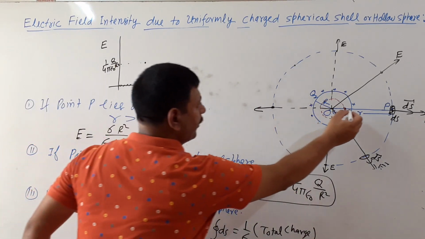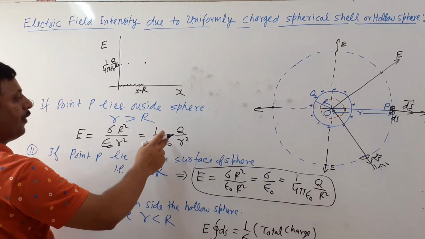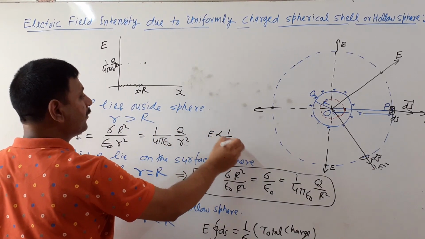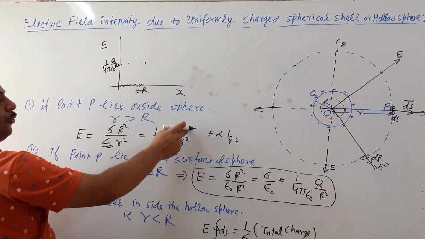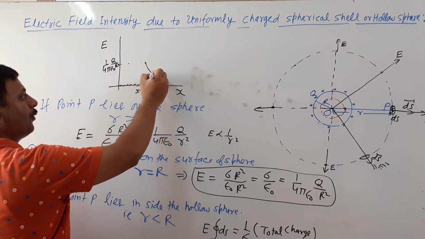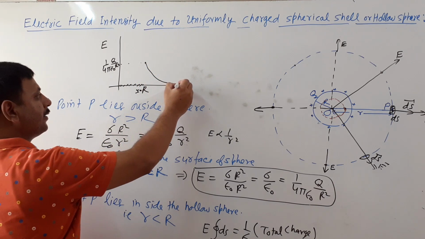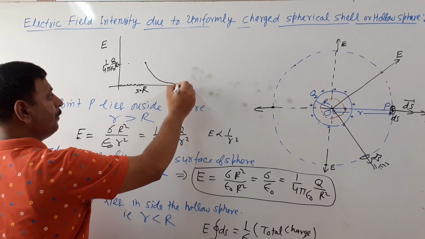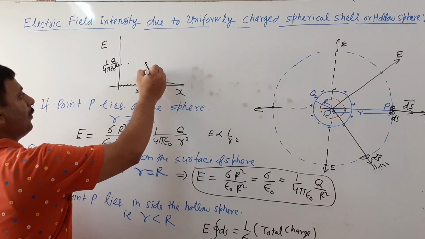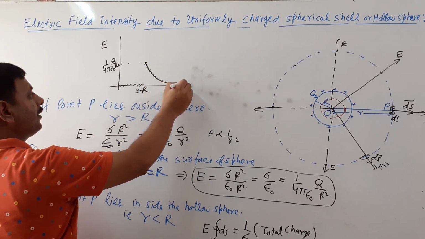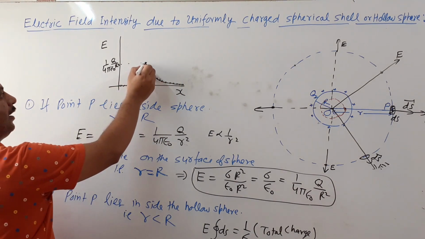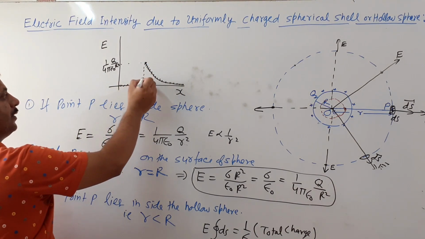Again, as you go away, E is inversely proportional to r square, with q constant. So that's why the graph will be like that, and at infinity they will meet. This is the graph for electric field intensity.